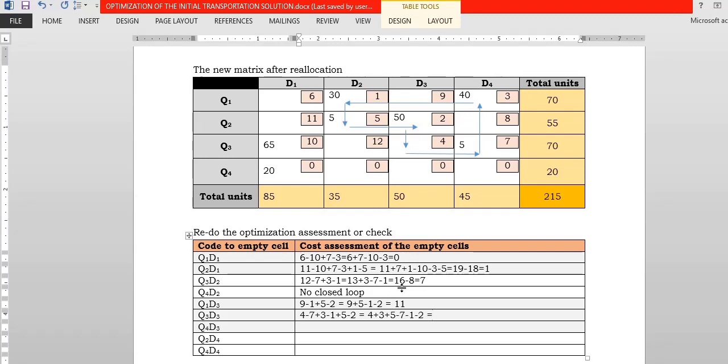So 4, 3, 5, that's 5 plus 3 is 8, 8 plus 4 is 12. This other side you have 7, 1, 2, 7, 1 is 8, 8, 2 is 10. So 12 minus 10 is equal to 2. That's the final answer, 2. Then this part is done.